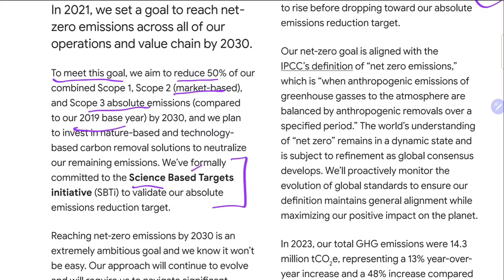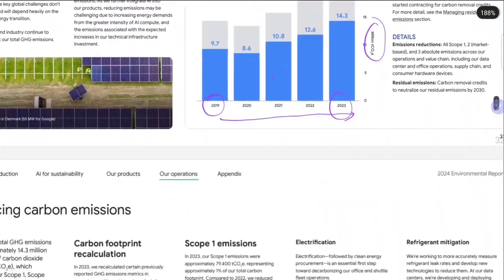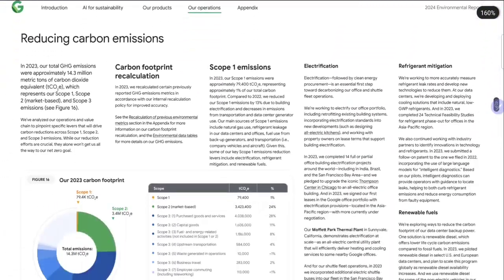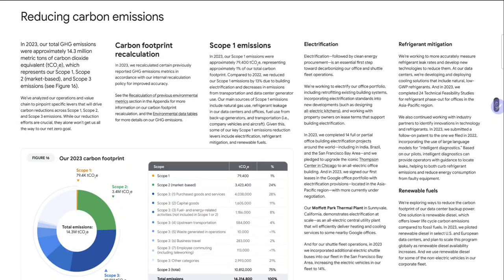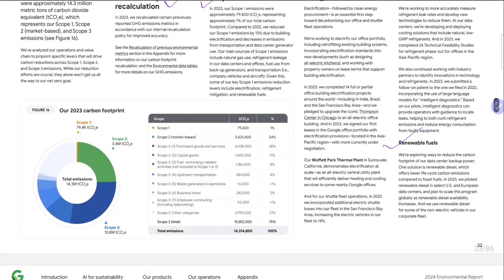So SBTi validation is also done actually. Then reducing carbon emissions: carbon footprint recalculation, scope 1, electrification, refrigerant mitigations, renewable fuels, so those details are available.